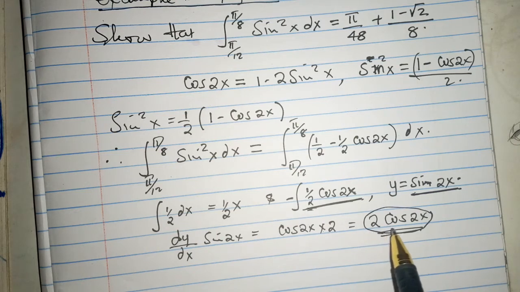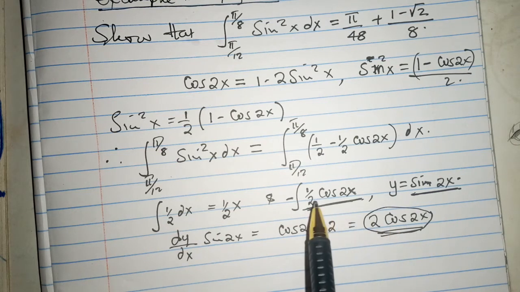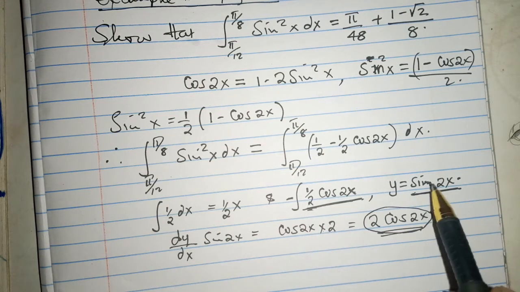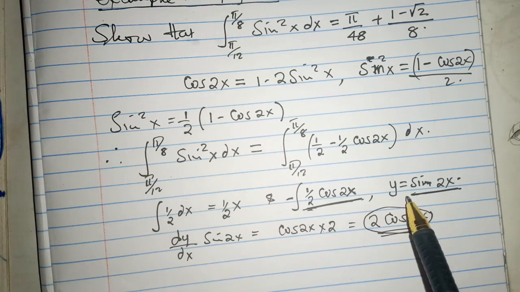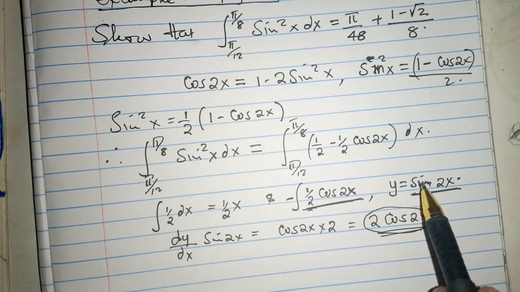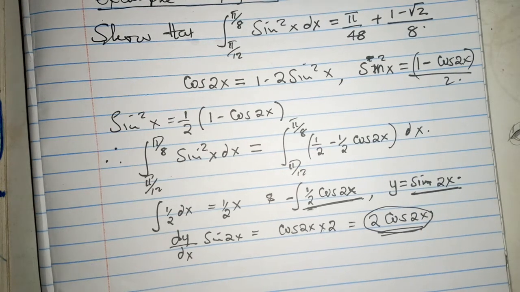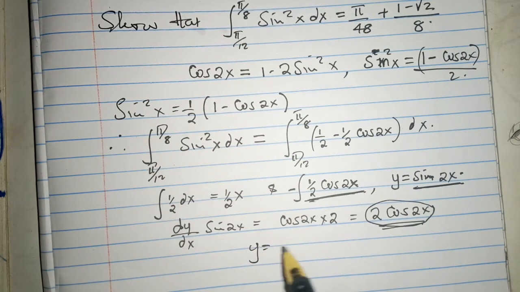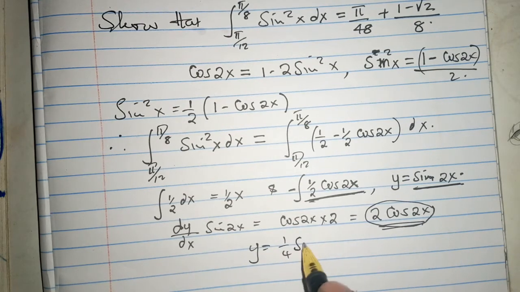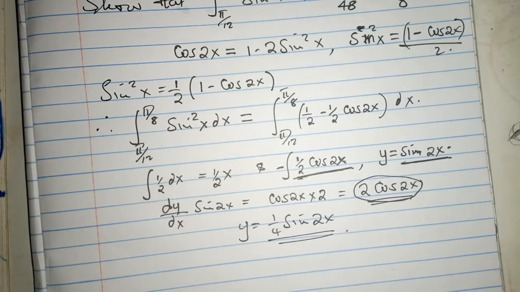So what we suspected our function would have been now has to be divided by 4. Definitely our y is supposed to be a quarter sine 2x, and that is something that we must remember.